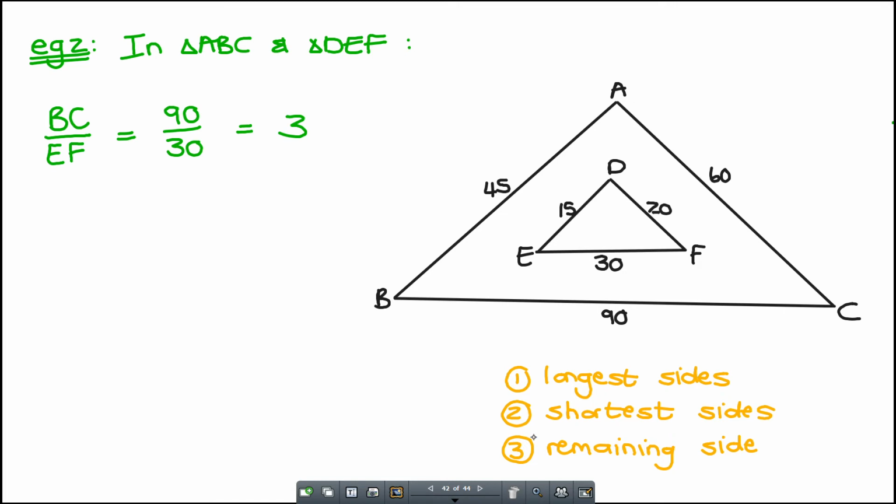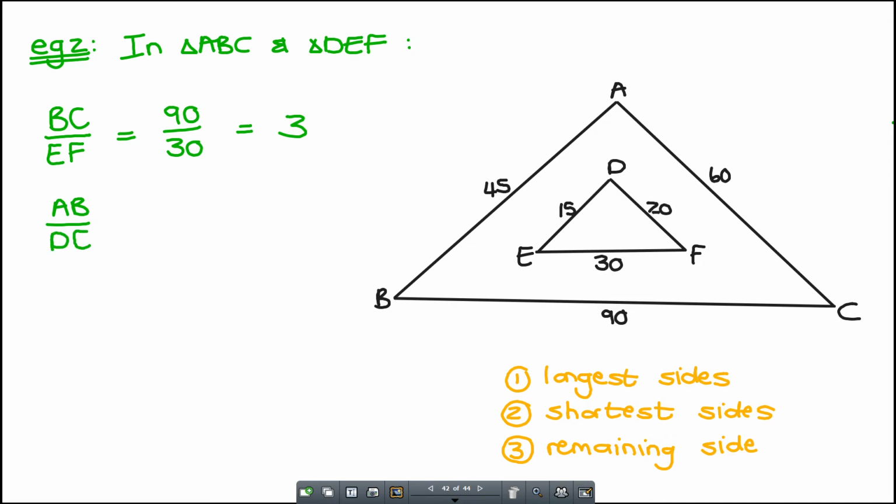Now my second step is to use the 2 shortest sides. What's the shortest side of triangle ABC? 45. So I name that AB over... What's the shortest side of the small triangle? DE.